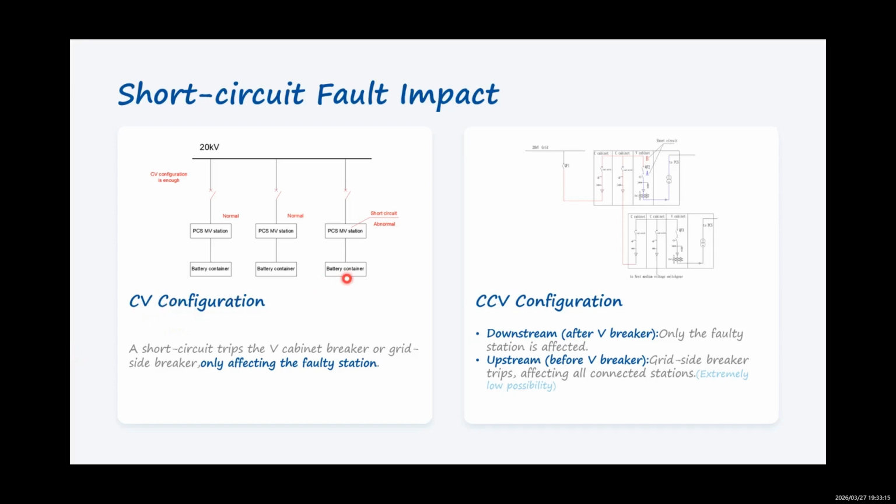If a short circuit fault happens on the CV AC side, the worst case will cause the vacuum circuit breaker in the V cabinet to trip, or the circuit breaker on the grid side to trip. The impact range is the same in both cases. The PCS MV station where the short circuit occurred will be faulty, while other equipment will remain unaffected.